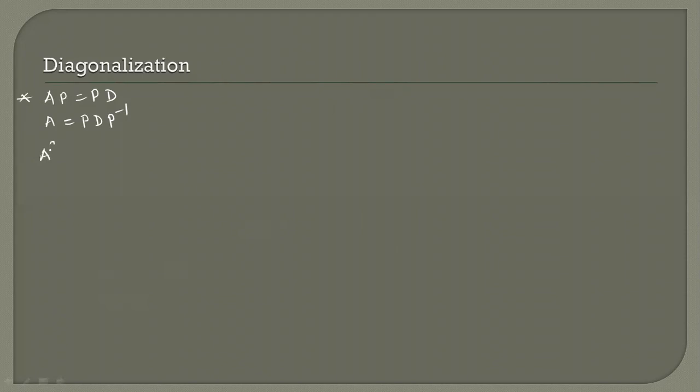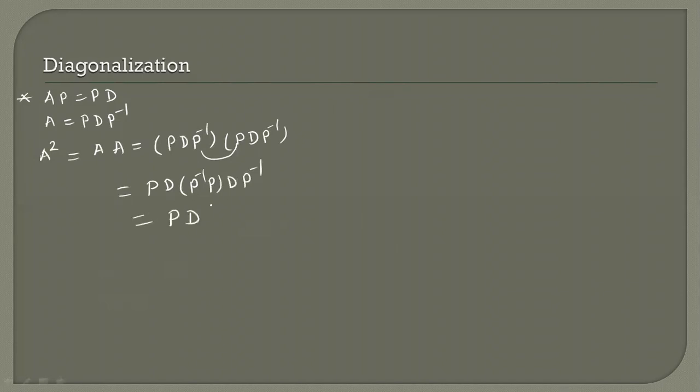Here we discuss some remarks. A square will be A into A. Then it will be PDP inverse into PDP inverse. Use associativity: P inverse P in the middle will be the identity matrix, and D into D will be D square, so we get PD square P inverse.